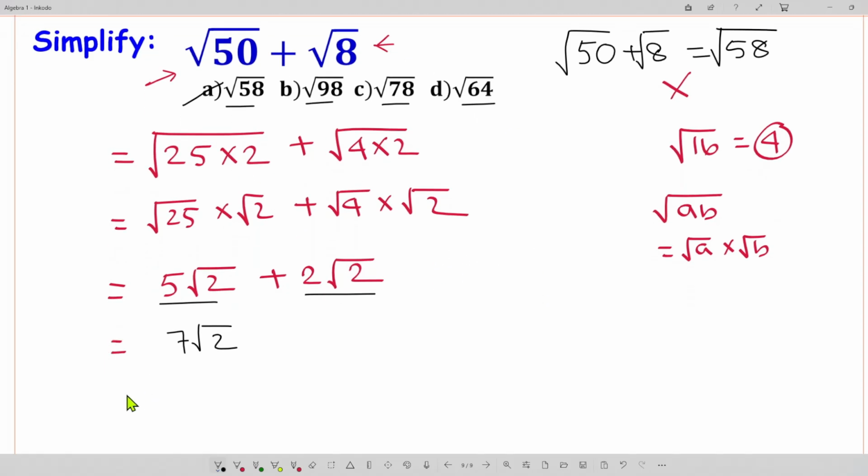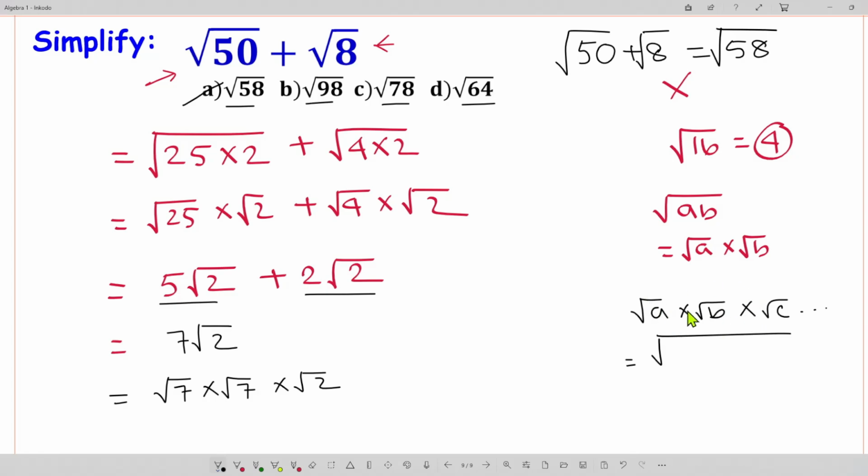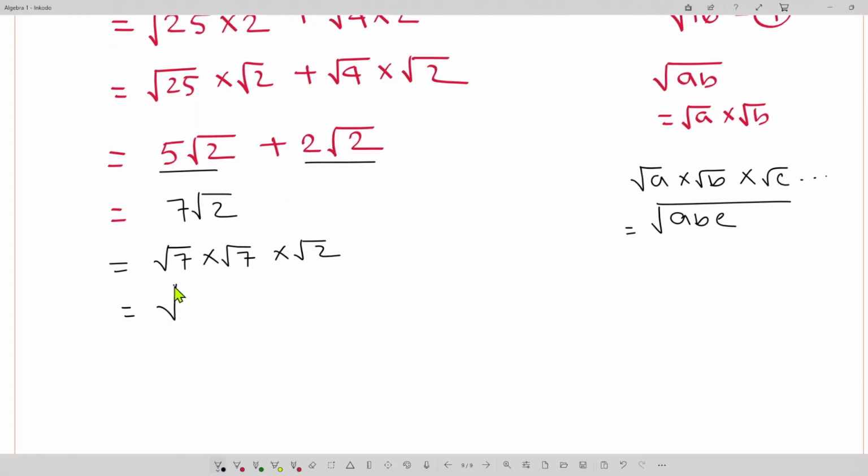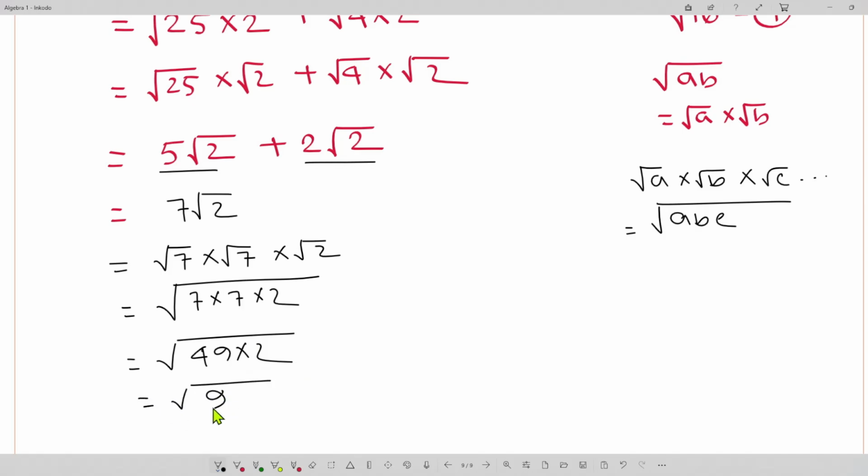Now it's an interesting thing. This 7 we can write as root 7 times root 7, and here is also root 2. We know root A times root B times root C, anything we can multiply because they are all under root, and here is a multiplication, so root ABC. Similarly, this one we can also write as root of 7 times 7 times 2. 7 times 7 is 49, times 2, here will be 98.